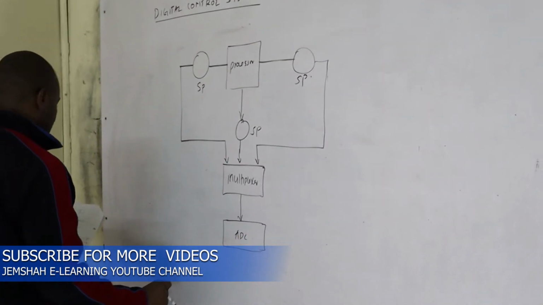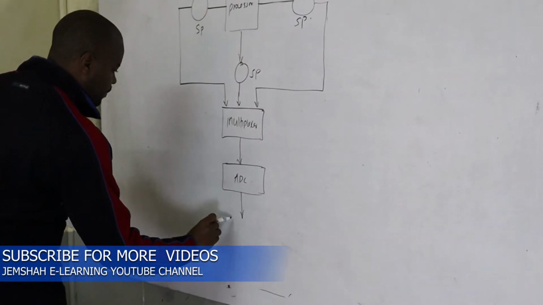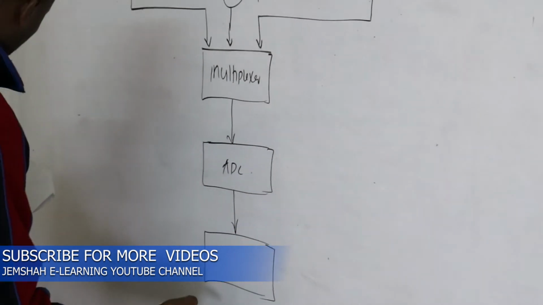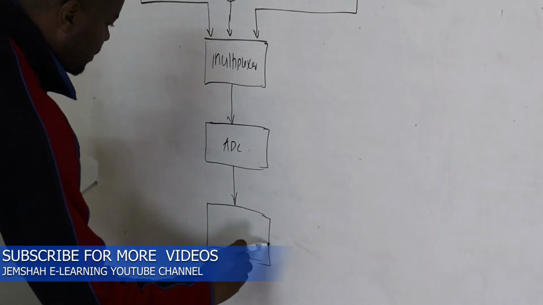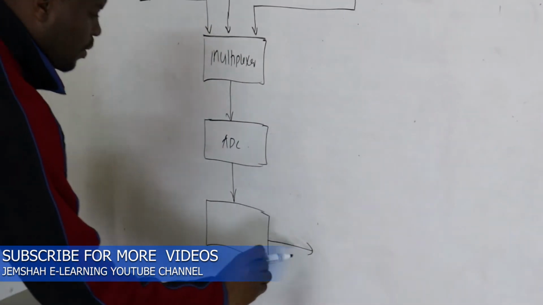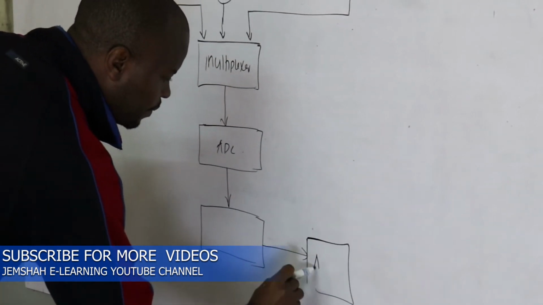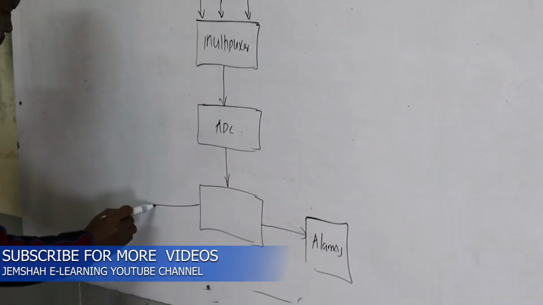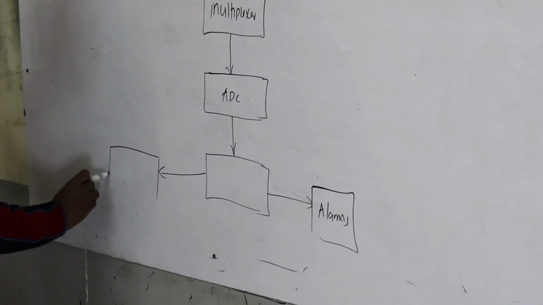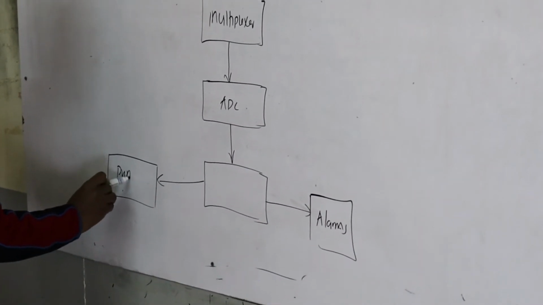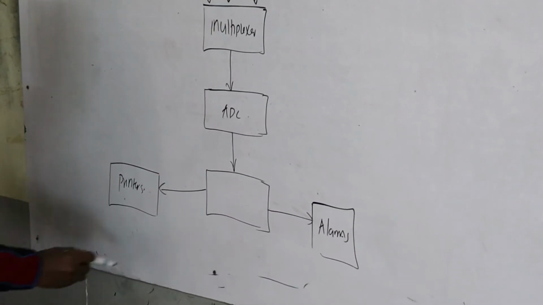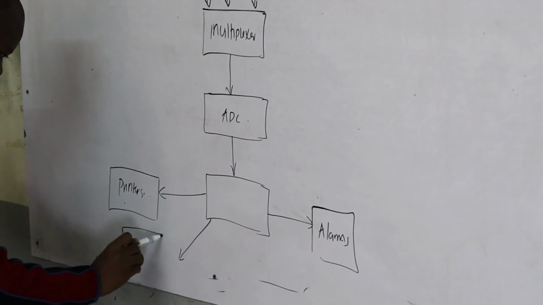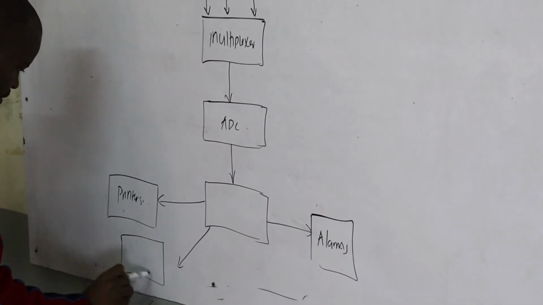And from the ADC, it goes to the computer, whereby the computer will give several outputs. This can be in terms of alarms, in terms of printers or printouts, or stored in storage.